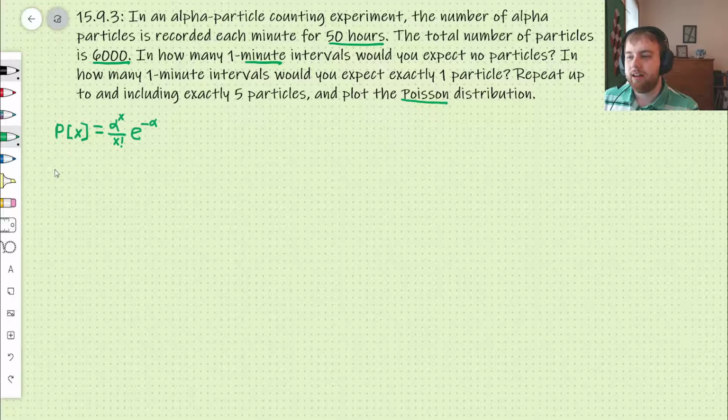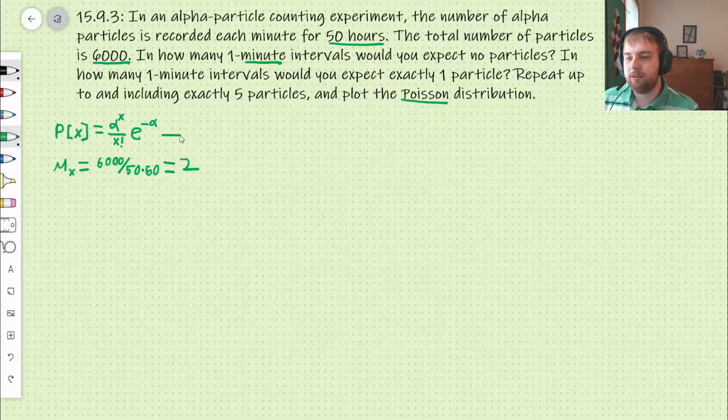So our average value, mu of x, is 6,000 over 50 times 60, because that gives us our average number per minute. So that ends up being 2, because you have 3,000 minutes and 6,000 particles, so you have an average of 2.